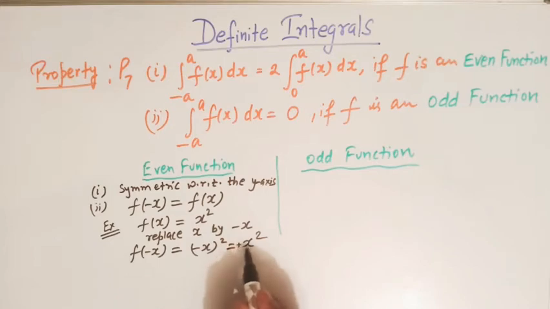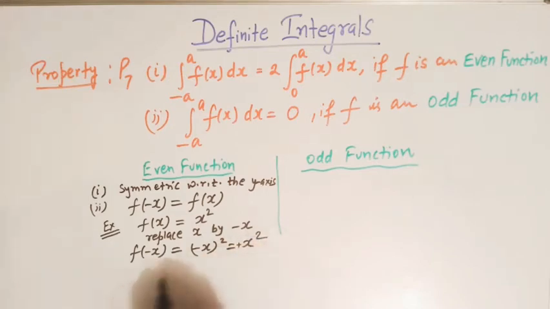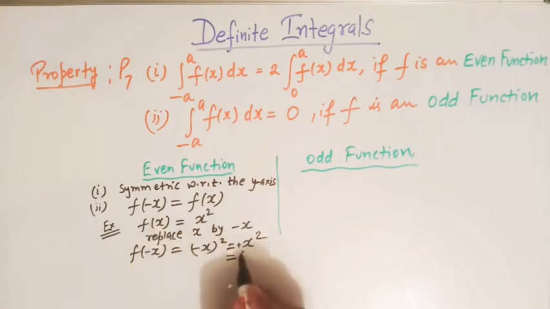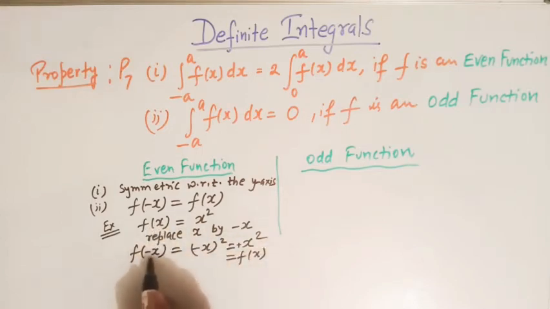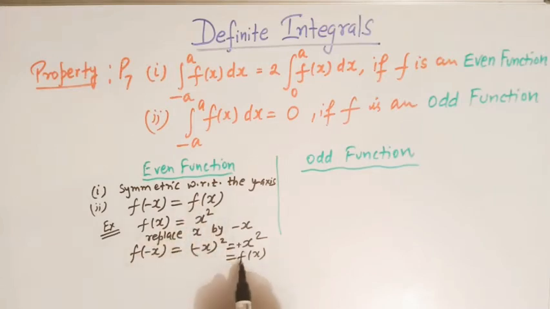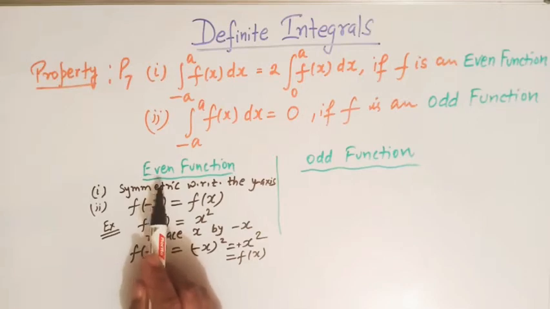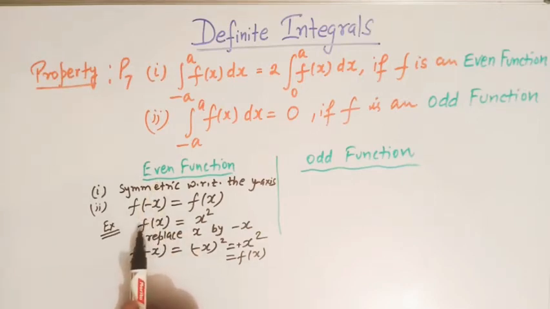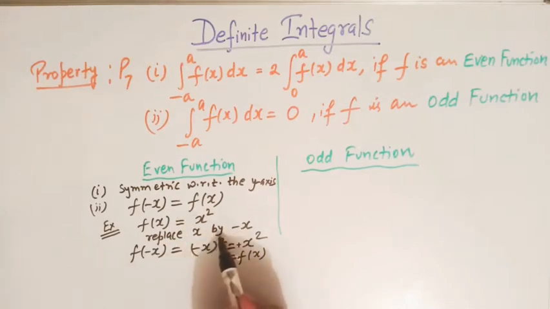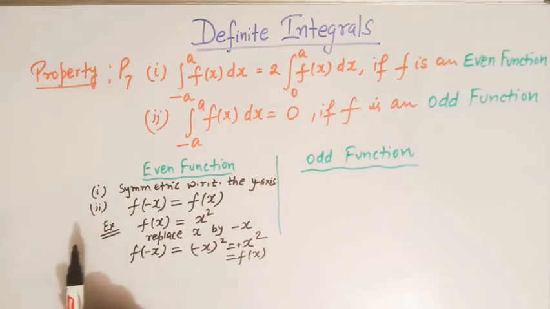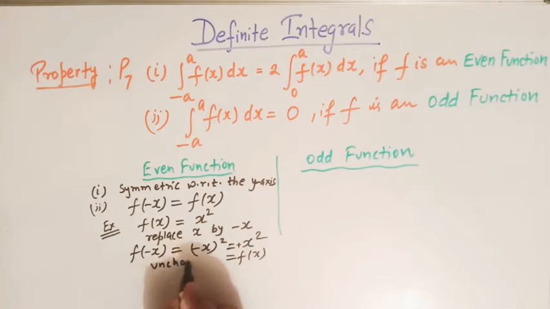So this is positive x square, and positive x square is equal to f of x. So f of minus x is equal to f of x. So what is an even function? A function is said to be even function if we replace x by minus x, the function remains unchanged, right? The function remains unchanged.